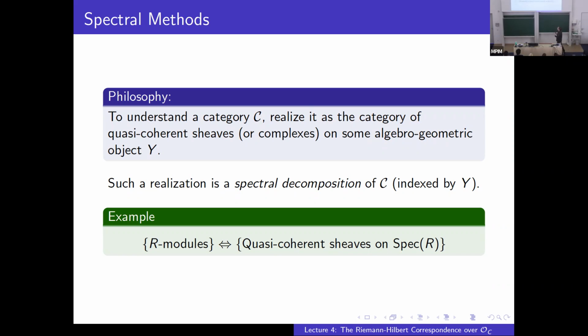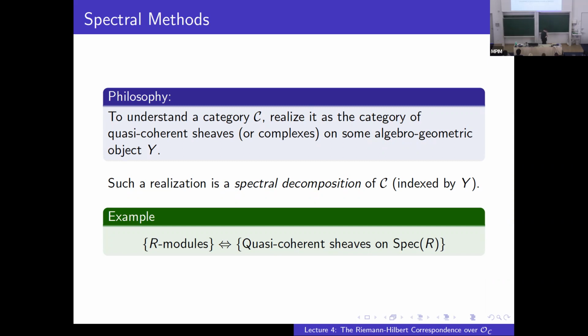That's very close to just being a tautology or being a definition, but it's very useful as a point of view, right? Thinking of R modules as quasi-coherent sheaves on spec R, it suggests a lot of ideas for how you might think about things, ways that you might try to prove things that might not be obvious if you never saw the definition of the spectrum of a ring. So for example, you're saying something here like an R module is a family of vector spaces parametrized by spec R, and vector spaces are easier than modules over general rings.